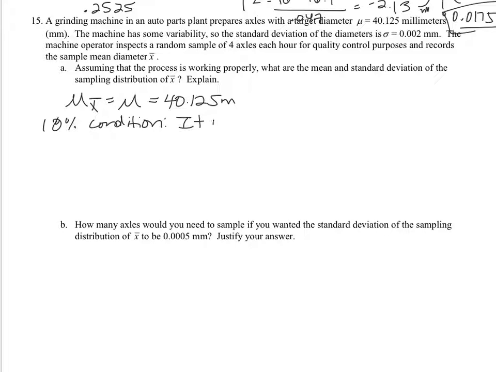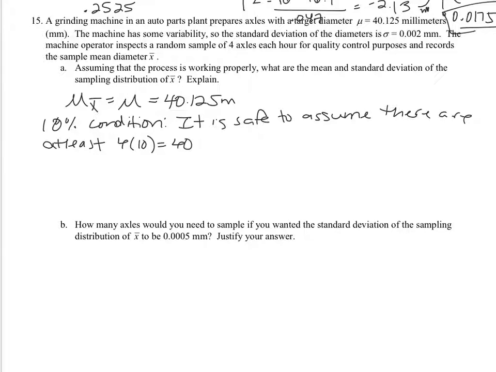It is safe to assume there are at least 4 times 10 equals 40 axles in the population.